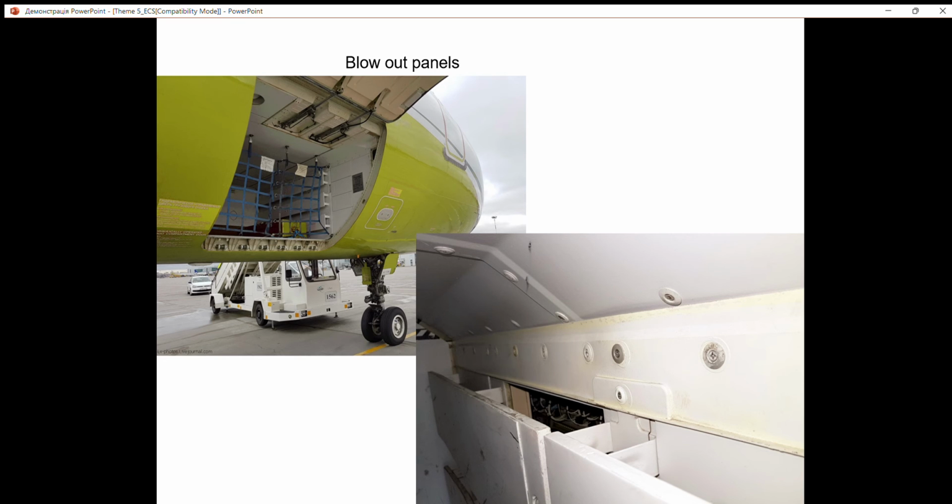Blowout panels. Inside the cargo compartment or underfloor compartment you may find these blowout panels.